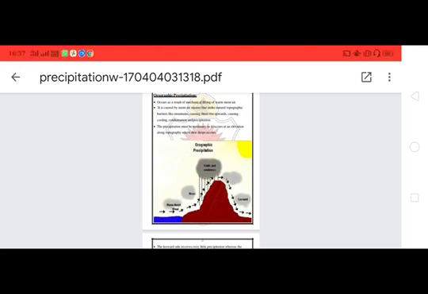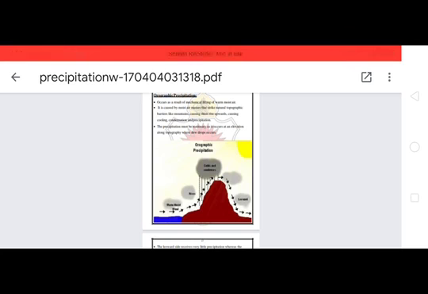As this moist warm air is elevated through the hill, it rises upward.